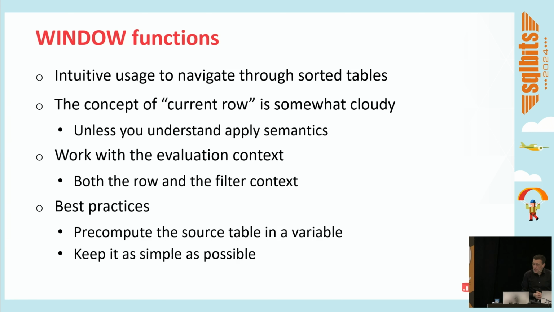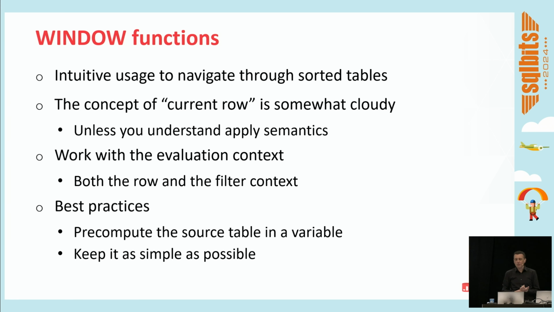It works with a strange technique to define the current row, which is called apply semantics. Most of the time it is easy in easy examples, but if you want to know what result you should expect in any condition, you have to understand how apply semantics work.